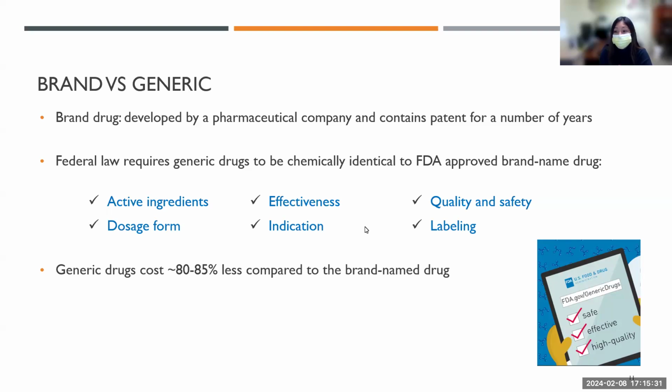They will have the same effectiveness in the body and the same dosage form, strength, as well as the indication, or the reason, the condition for which it is used, as well as quality and safety. The second main takeaway from this slide is that generic drugs are going to cost around 80 to 85% less compared to the brand name drug.